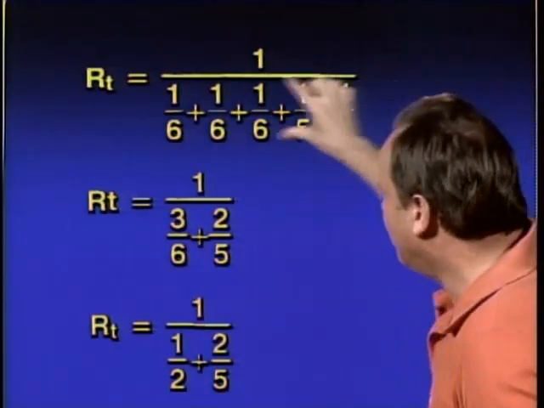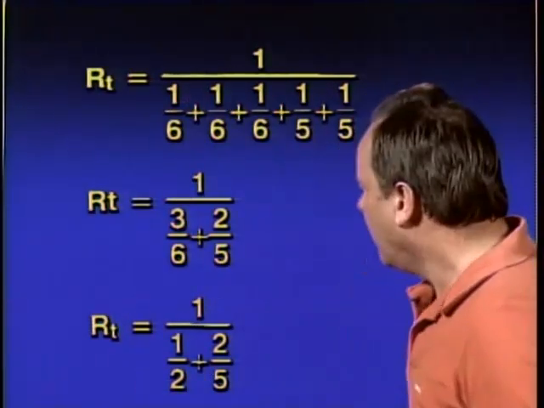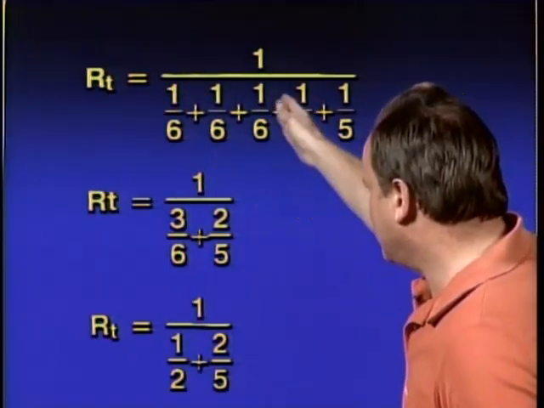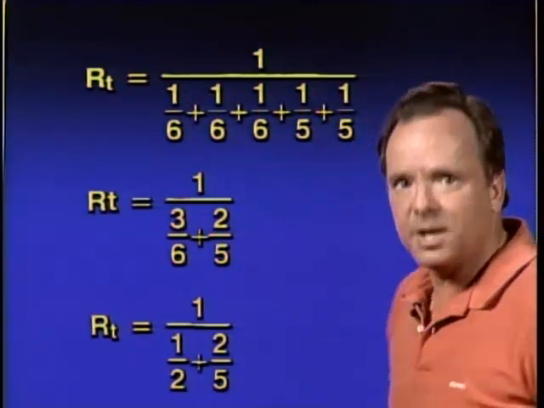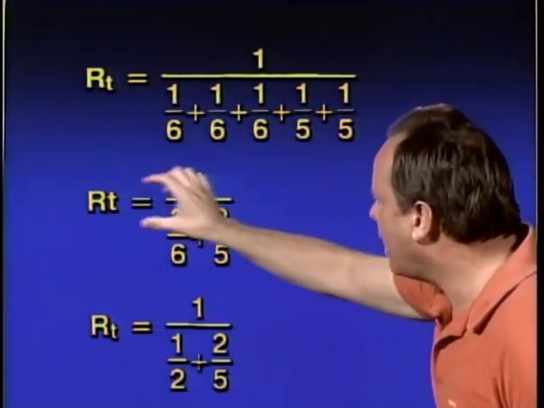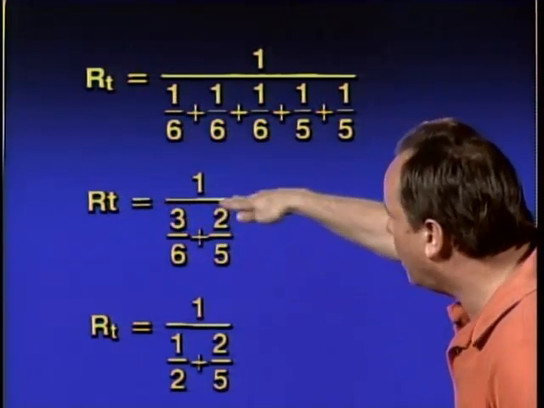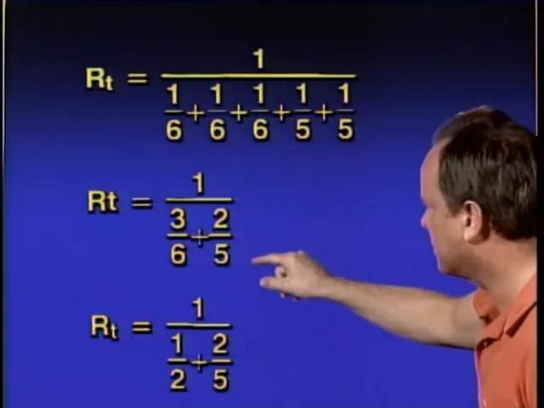And here you are. The total resistance is equal to 1 over these fractions. The fractions are 3 resistances of 6 ohms, so it's 1 over 6 plus 1 over 6 plus 1 over 6, and 2 resistances of 5 ohms, so you got 2 more, plus 1 over 5 plus 1 over 5. That is your formula.